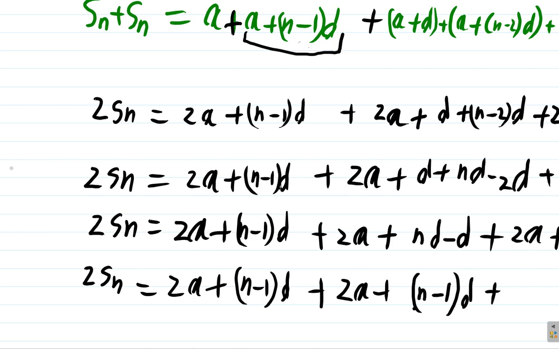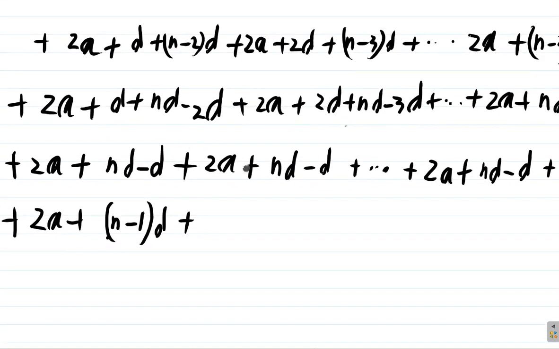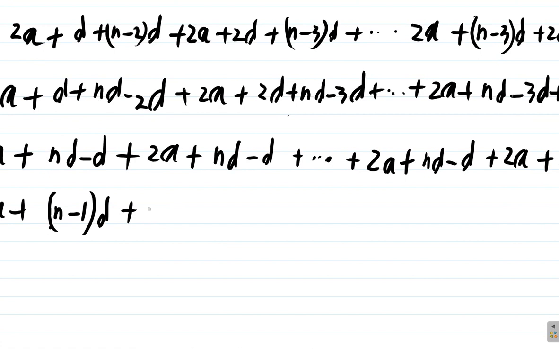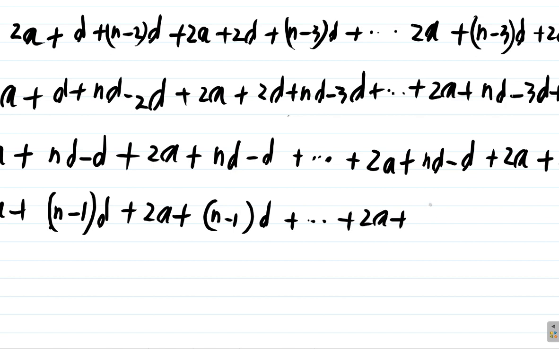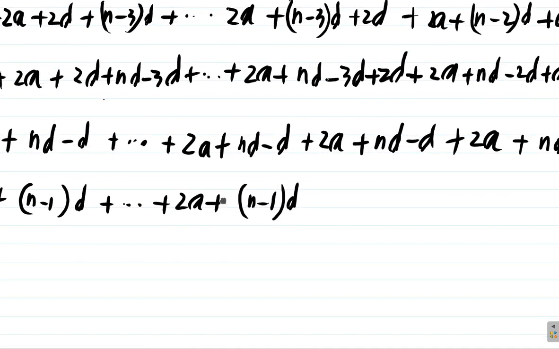So now you have 2a plus, factorize, put d outside the bracket. Inside the bracket you're going to get n minus 1, right? Plus 2a plus, factorize, you get d outside the bracket and n minus 1 inside the bracket. You see that?